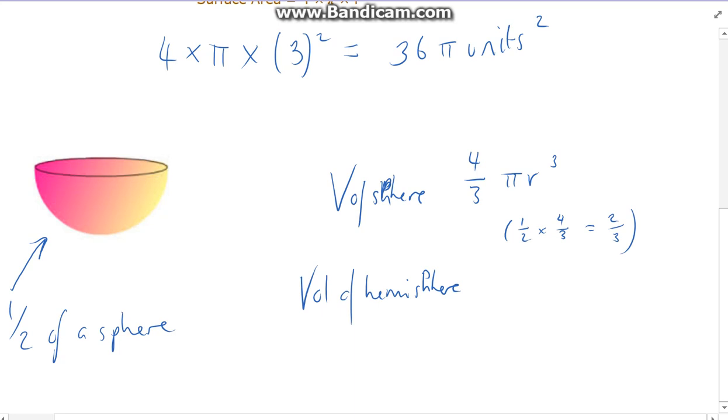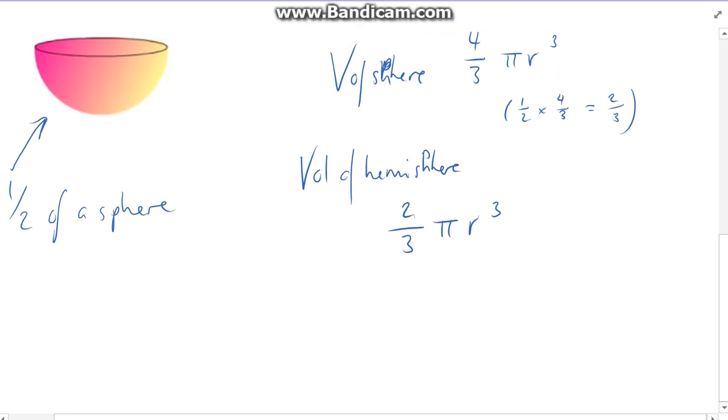So our volume of our hemisphere is going to be 2/3 pi r cubed. So then if we said the radius here was 3 again, if they asked us to find the volume of this hemisphere, we'd have 2/3 times pi times 3 cubed, and you give your answer.